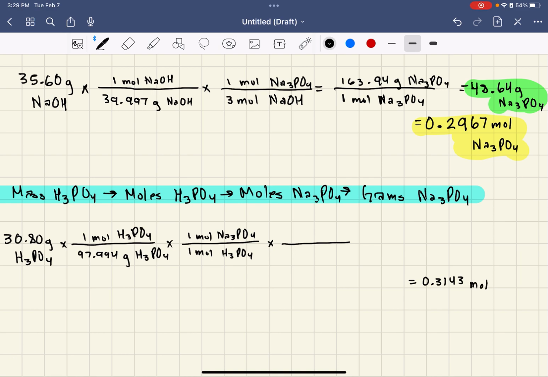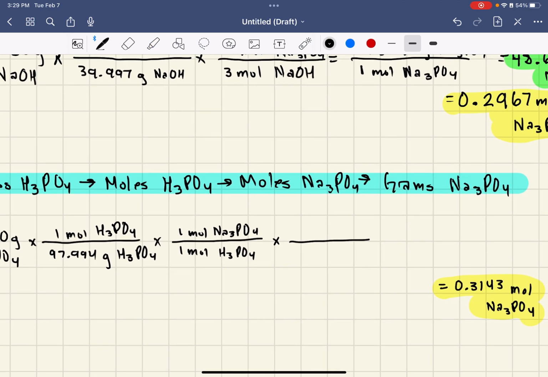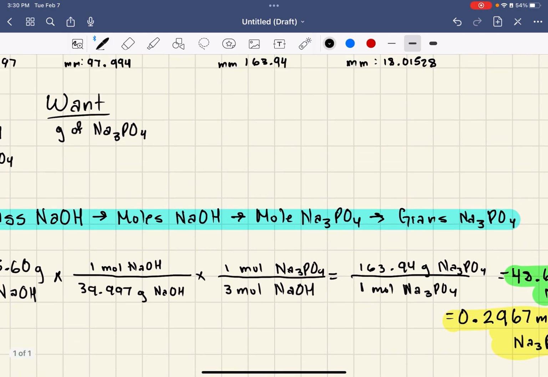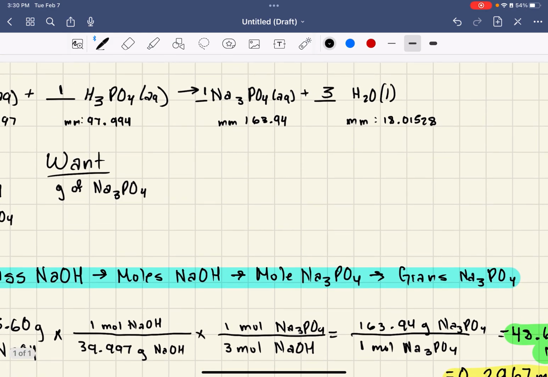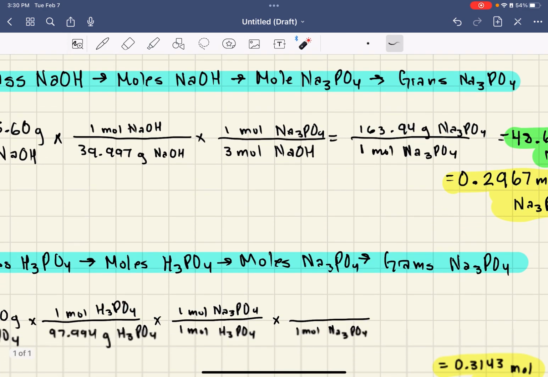Moles of Na3PO4. And let's highlight it so that we know what we're talking about, so that we don't get confused. Okay, and now we can go towards the grams. So this will be 1 mole of Na3PO4. And once again, we go back and see the molar mass of Na3PO4. And again, it will be 163.94.